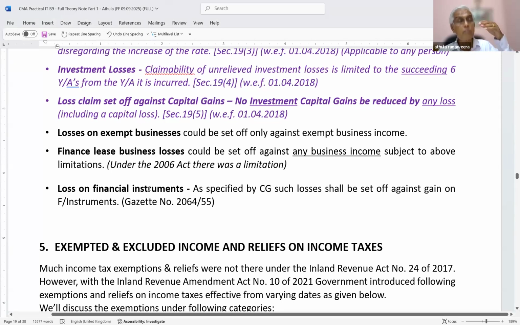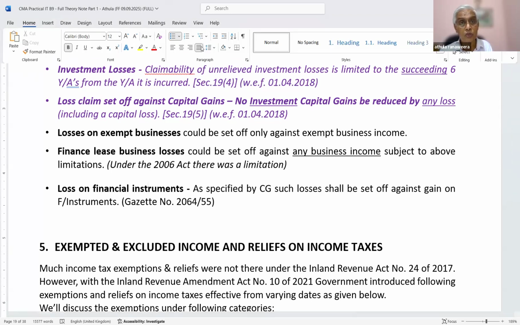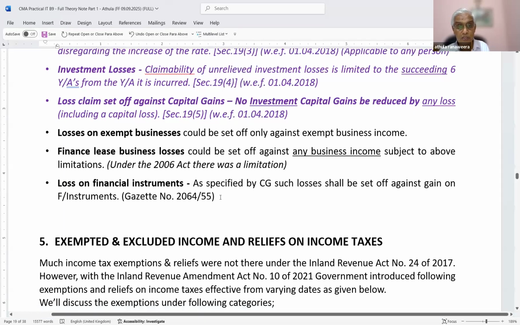I included this because under the old law, we were taxing finance lease businesses in a separate way. A normal company, we can tax it in the usual way.